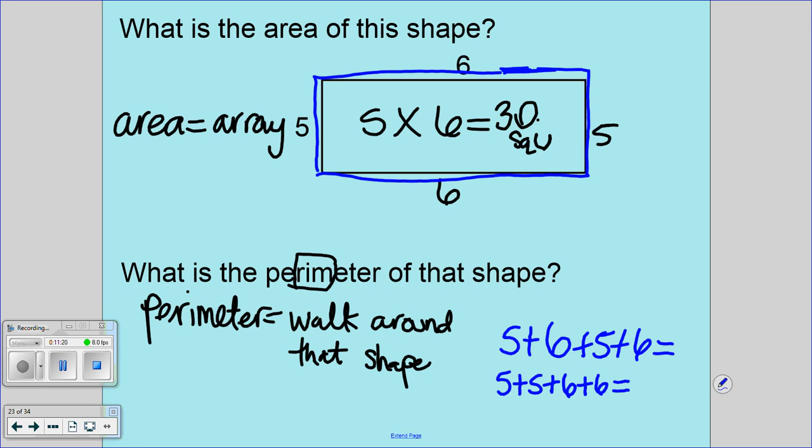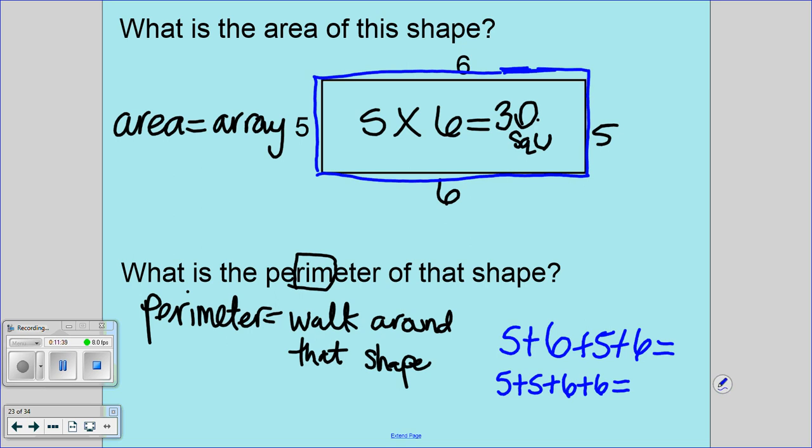What is my total perimeter then? What is my total perimeter? Probably should be using your notebook. Staring at me is not going to help you.